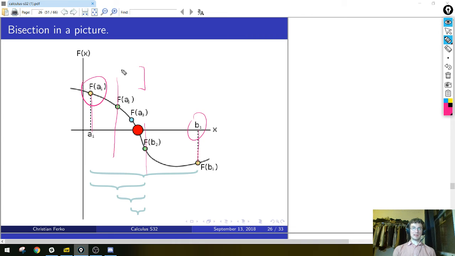That one was positive, so now we cut it again, try halfway in between, positive, and so forth. So at every step, you restrict the search space, the interval you're looking at, to cut it in half again and again and again. And eventually you get an approximation to the true root.